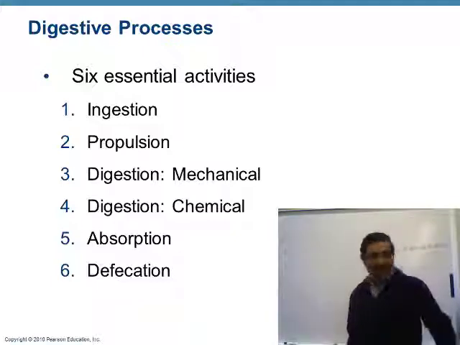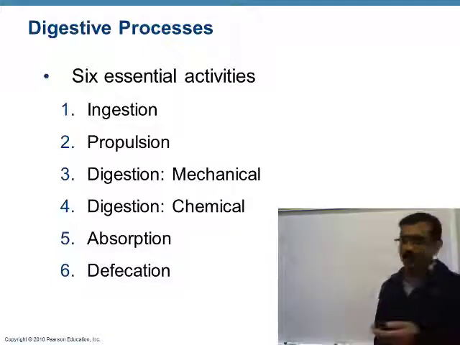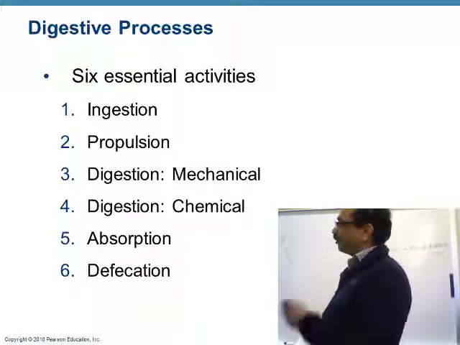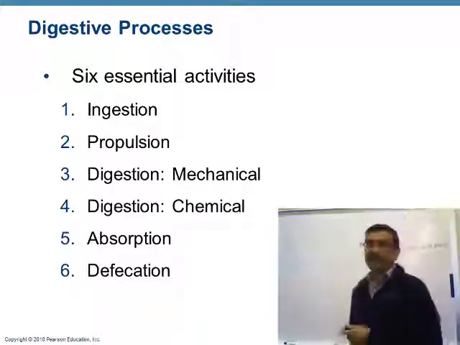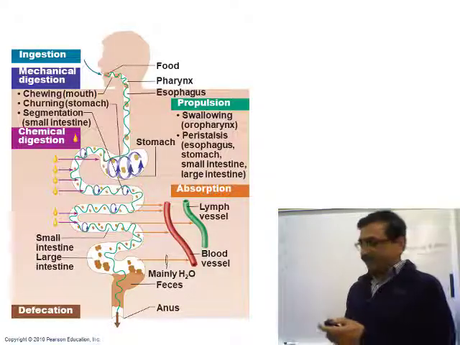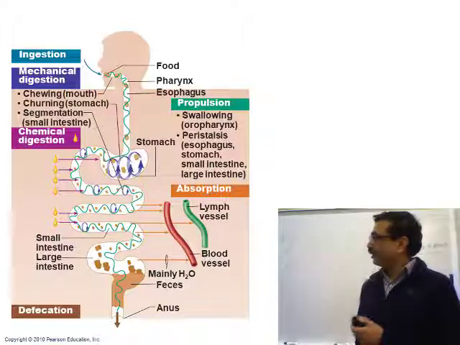So those are the 6 processes that take place in the digestive system. In this picture, you can see those processes: ingestion, mechanical and chemical digestion, propulsion, absorption, and defecation.